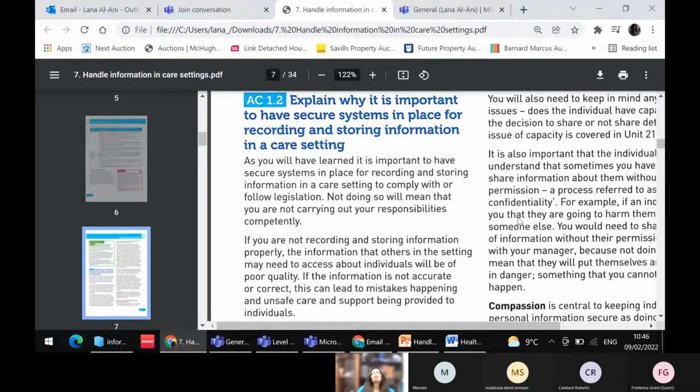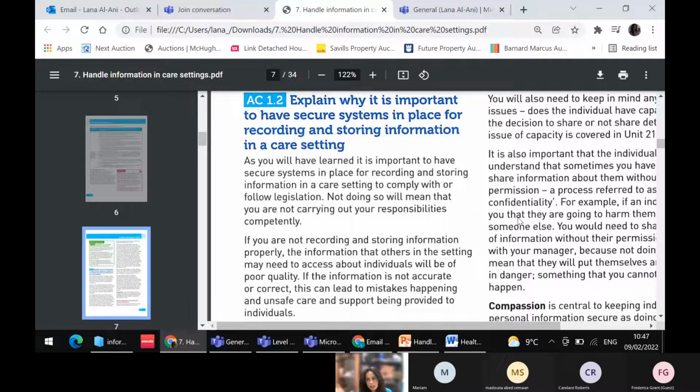So if we don't have a secure system, what will happen? Everyone can see. Absolutely. That's the main point of having a secure system, because everyone can access that information. Let us say I have lots of information about the clients on paper. I put it in a cupboard, but this cupboard is not locked.